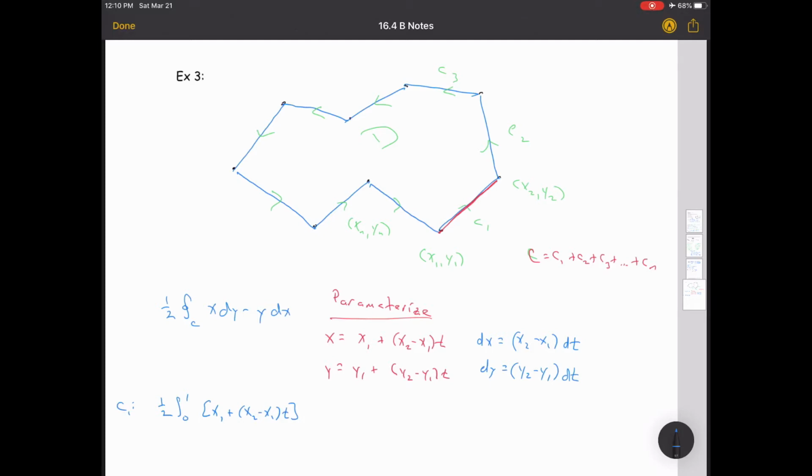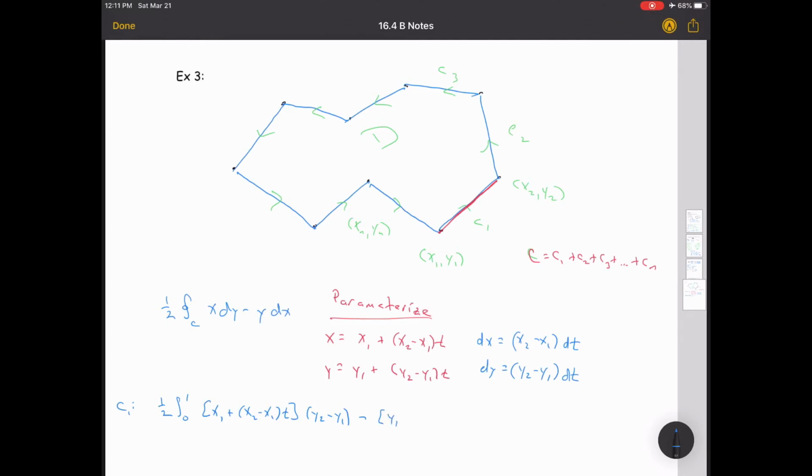All right, so now we have what we can plug in here. And again, I'm going to pull the dt's all the way off to the right with our integral just to save a little bit of space there. So then we're going to have dy. So that's y2 minus y1. And again, I'll pull the dt off to the right. Minus y.